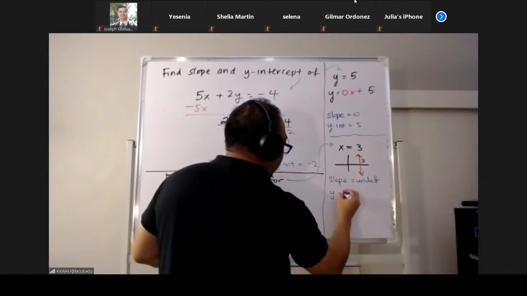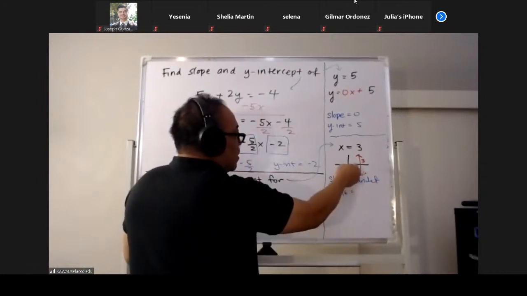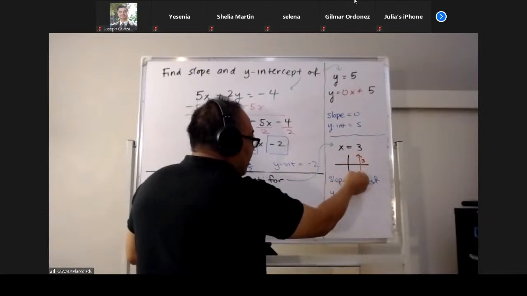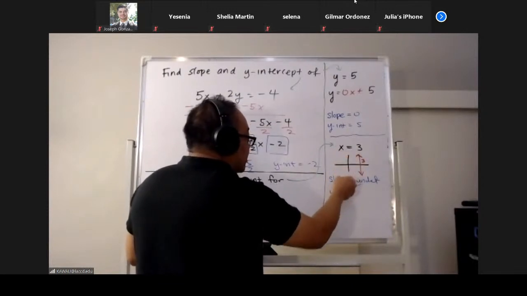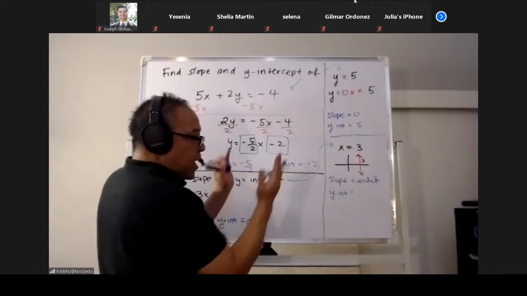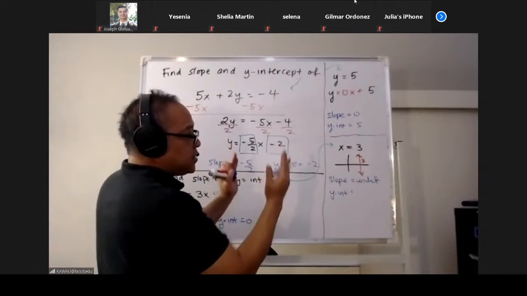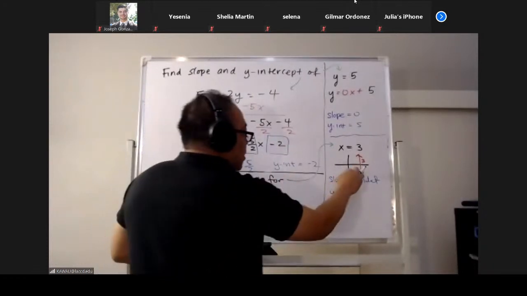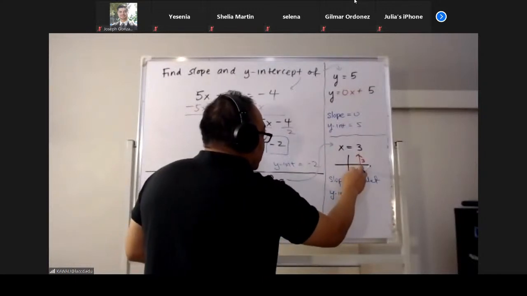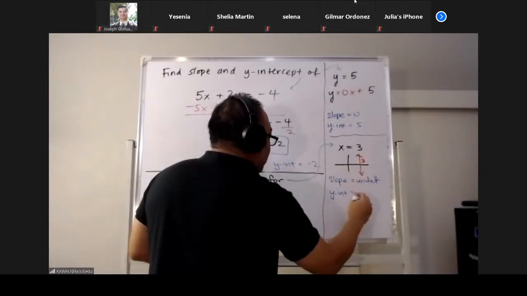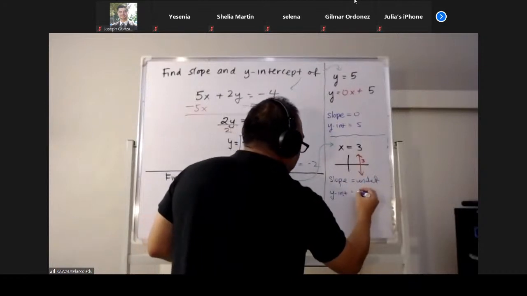And then in terms of the y-intercept, where does this line hit the y-axis? It never does. They're parallel to each other. They never touch each other. So then it's undefined.